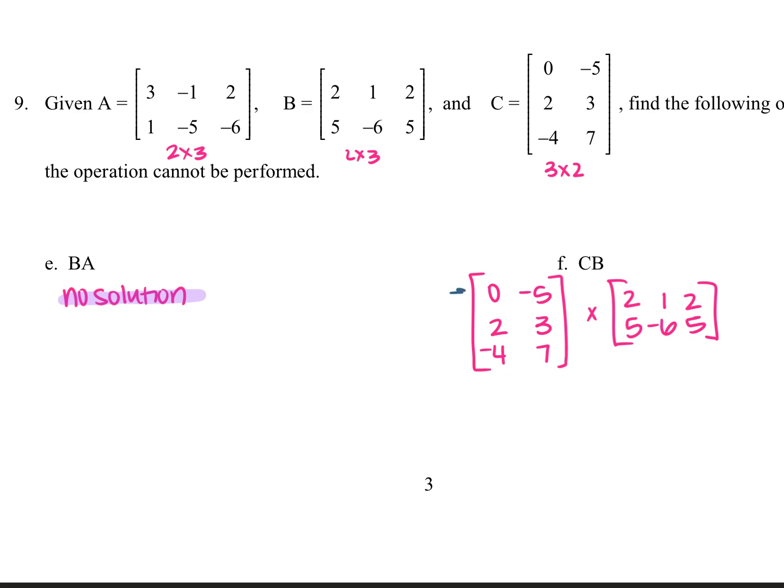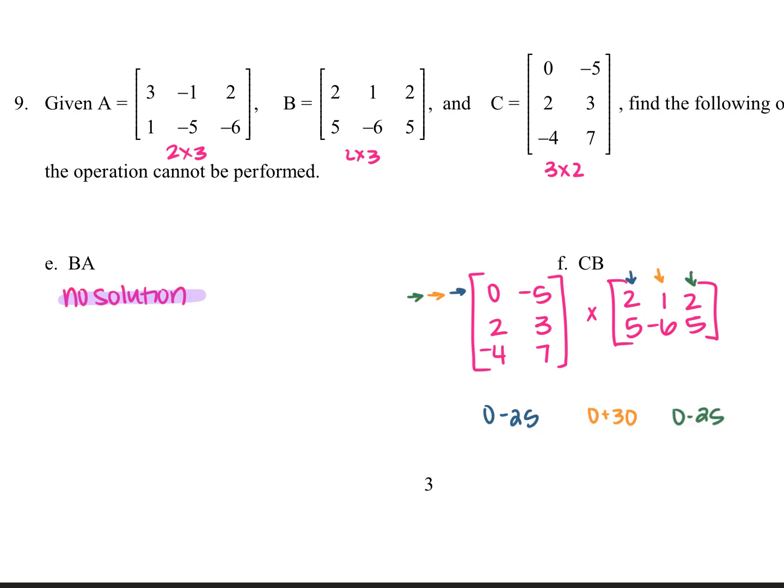So we're going to start first row by first column. 0 times 2 is 0. -5 times 5 is -25. Then first row, second column. 0 times 1 is 0. Negative 5 times negative 6 is positive 30. Then you have first row, third column. 0 times 2 is 0. Negative 5 times 5 is negative 25.